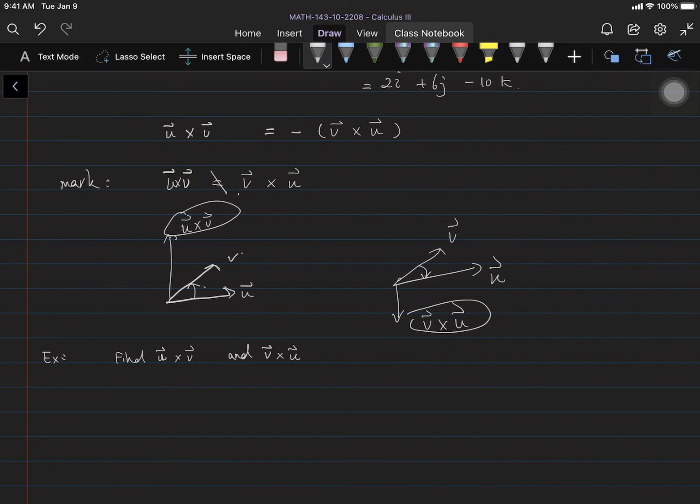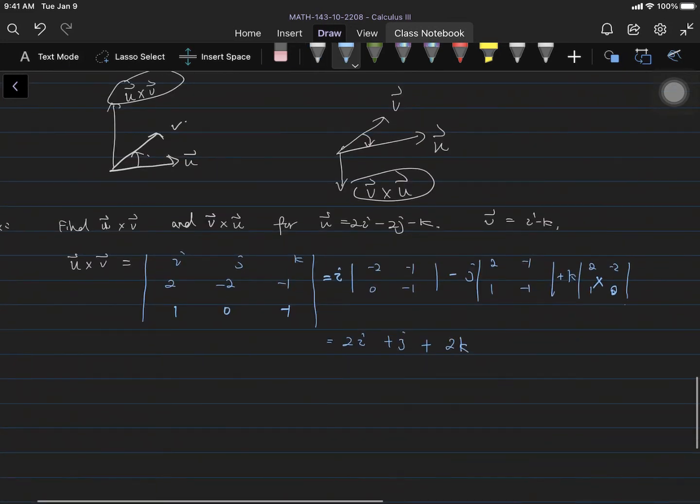You just take the negative of U cross V. Here U equals 2I minus 2J minus K, and the V vector is I minus K. I will give you the solution later and you can check.